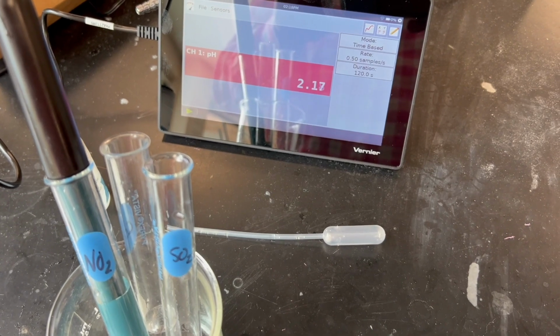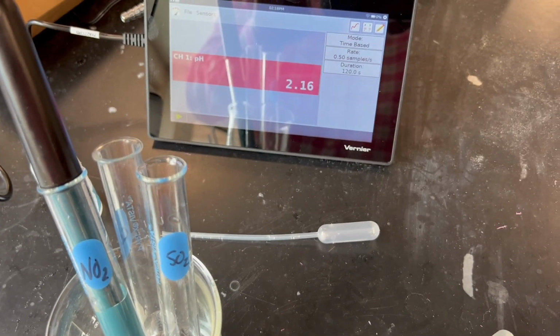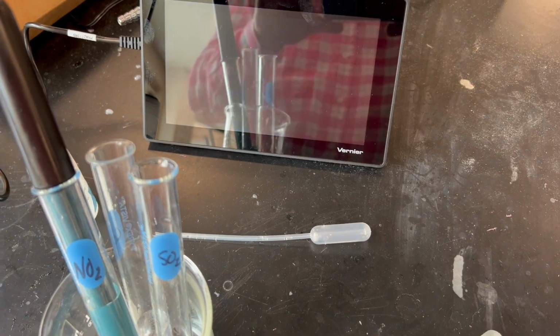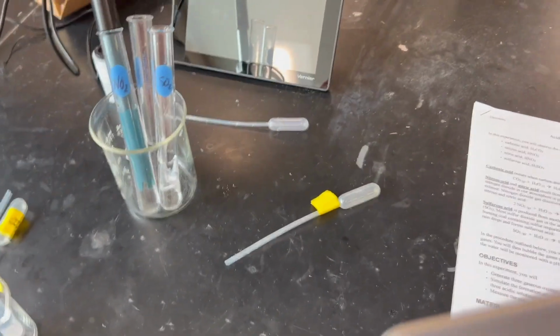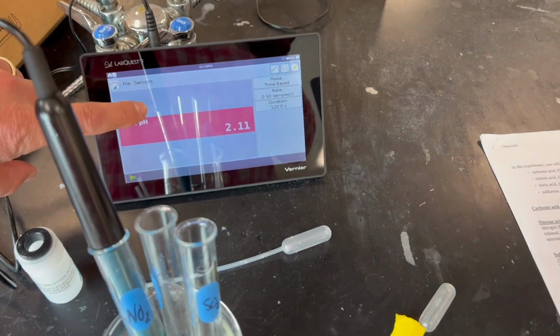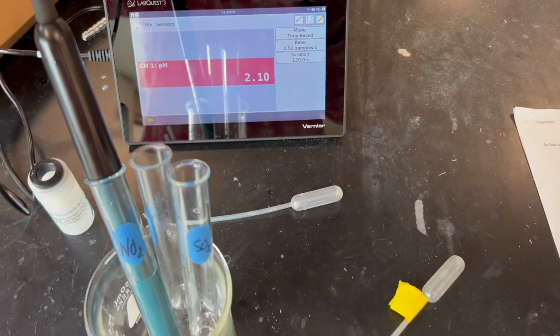And this time the pH has dropped down to 2.14, still going down a bit, 2.11.